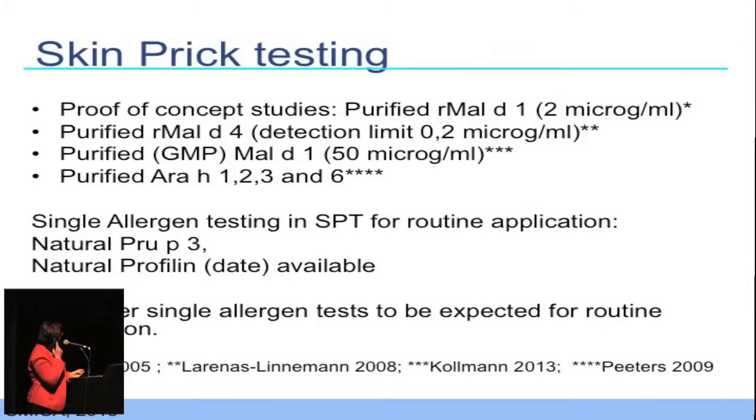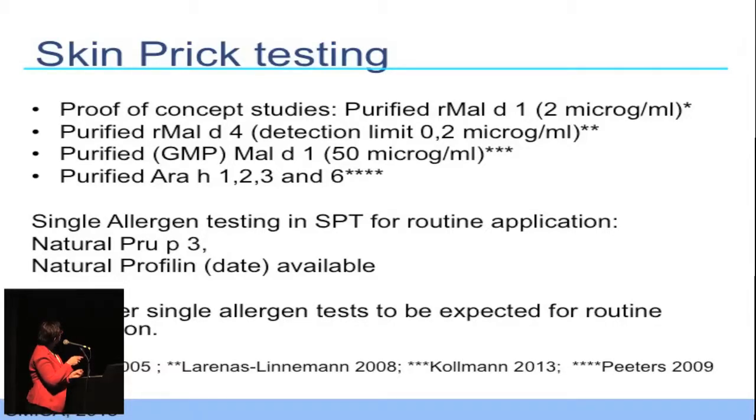Then we do have recent data on Mal d 1, which has been produced under good manufacturing practices, because this was a study using this protein also for a desensitization trial. And again, it goes down to 50 microgram per ml in the skin prick test.